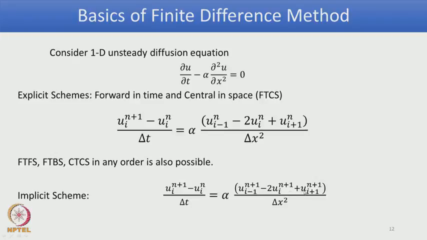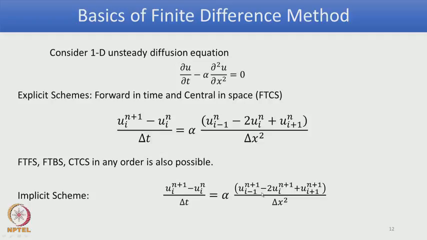But if you look at the superscripts, all of them are at the n plus 1 level. This n plus 1 level is to be determined for the i node, the i plus 1 node and also for the i minus 1 node.